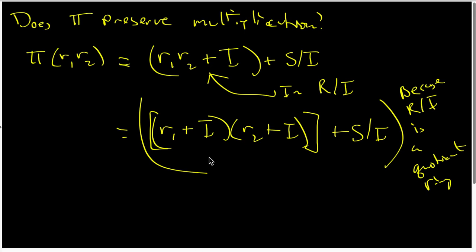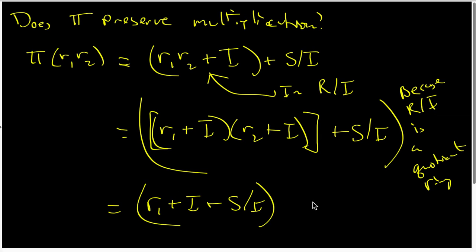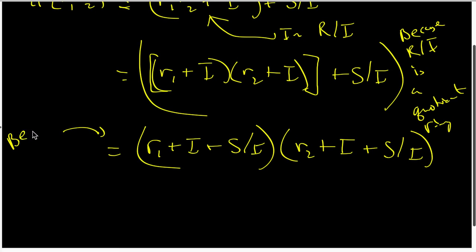But now what I want to notice is that this is now a product of two things in R mod I plus the ideal that we're modding out by in order to get into R mod I modded by S mod I. And so we can break this up into r1 plus I plus S mod I times r2 plus I plus S mod I. And this is because R mod I modded by S mod I is a quotient ring.